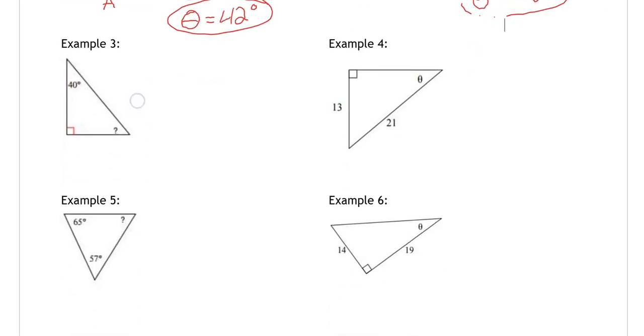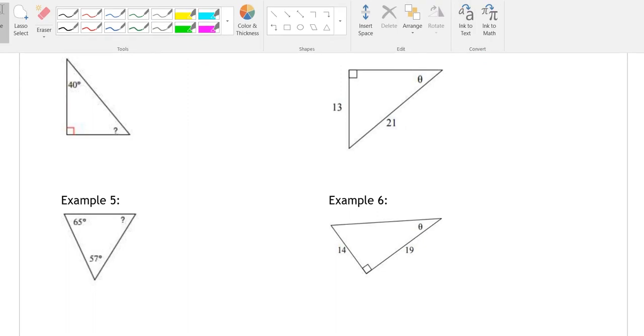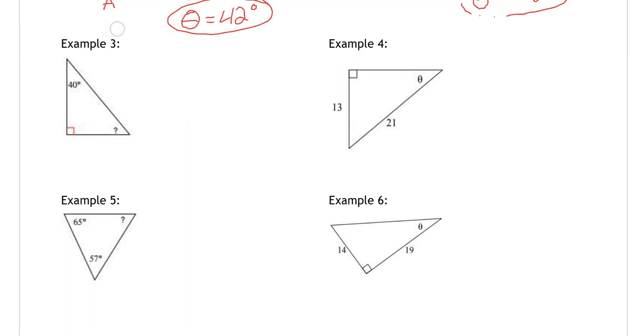And looking at example 3, if we look here, I don't have any sides. All right, so for this one, I'm going to be using the triangle angle sum theorem. So, right, remember, it's a box, so it's 90, and this is what I'm solving for.